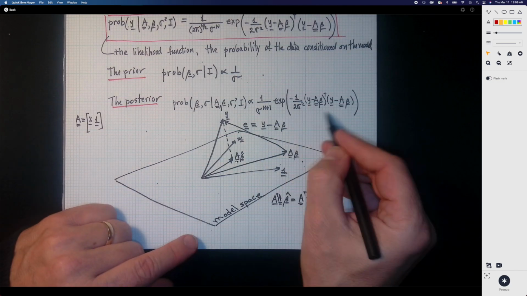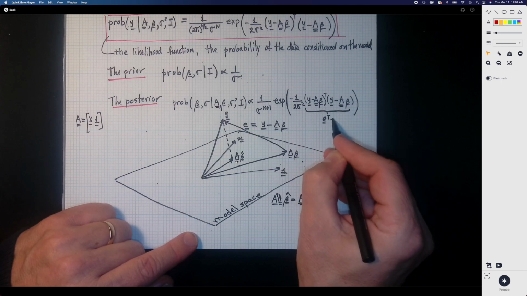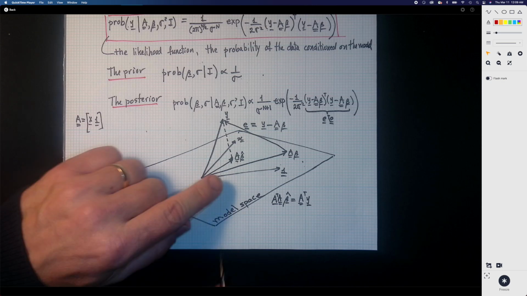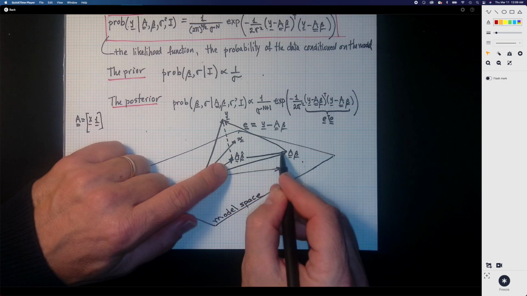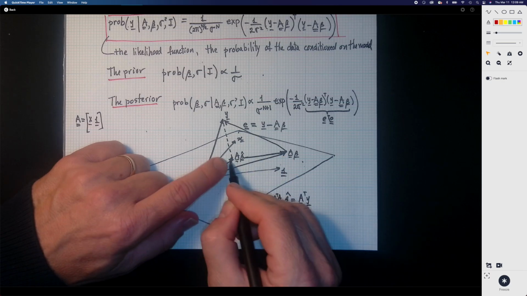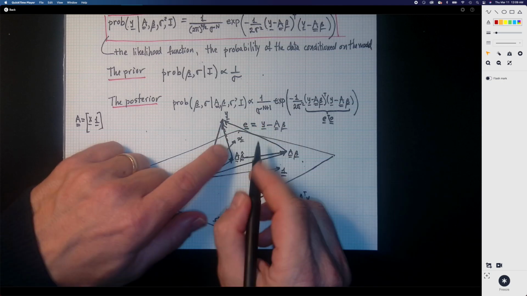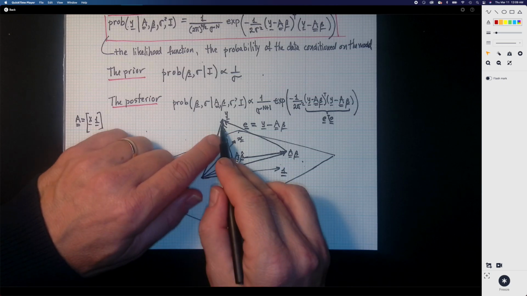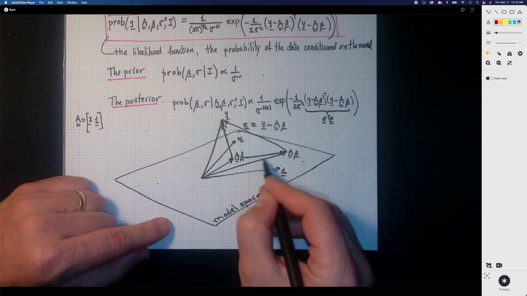So this expression here is just E transpose E. And now we can use the Pythagorean theorem. If I write this vector over here and this vector over here, E transpose E is going to be the square of this vector plus the square of this vector. So what's this vector here?